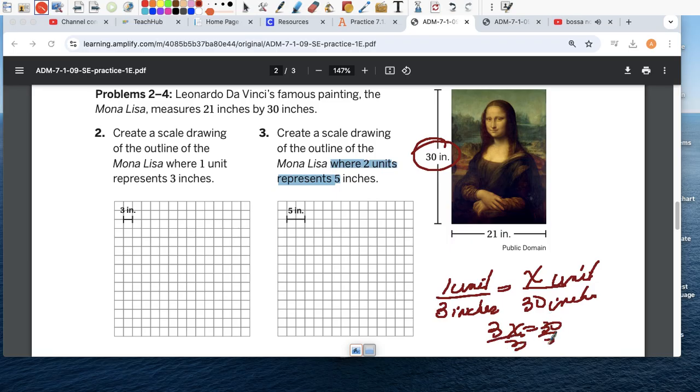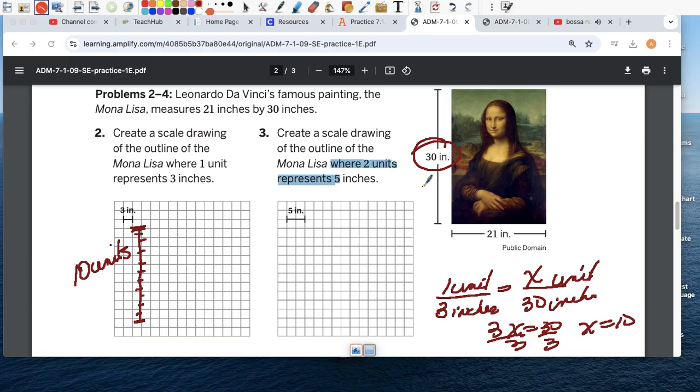Divide by 3, divide by 3, x equals 10. So it's going to take 10 units, and I'm going to do this. Here's 1, 2, 3, 4, 5, 6, 7, 8, 9, 10. These 10 units represent 30 inches because this is 3, 6, 9, 12, 15, 18, 21, 24, 27, 30. There. Okay, so it's 10 units.